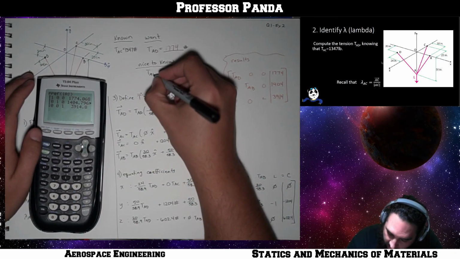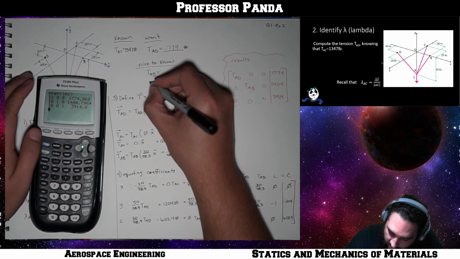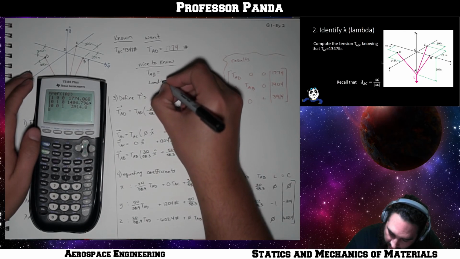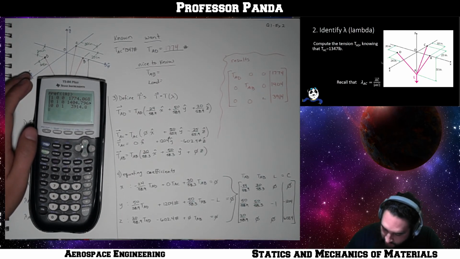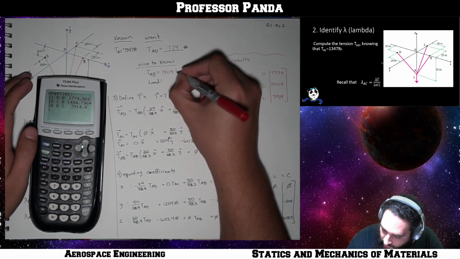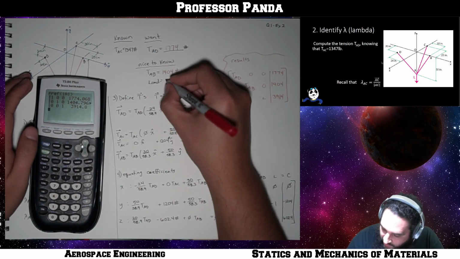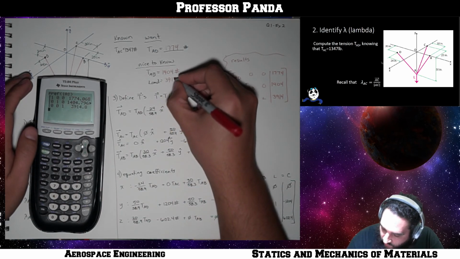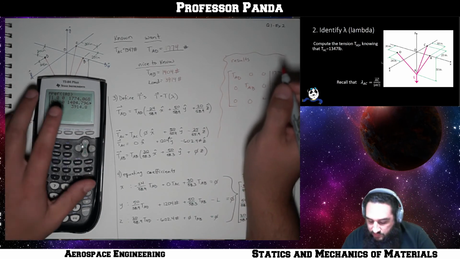So TAB and load. So TAB is going to equal 1404 pounds, and the load is 3914 pounds.